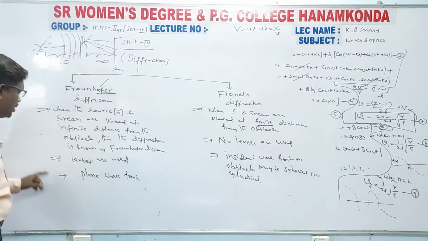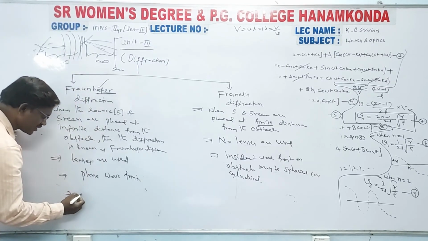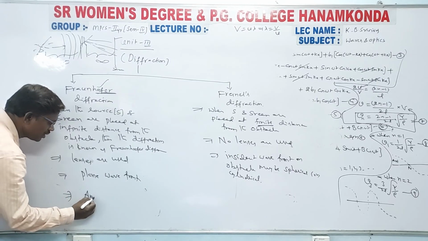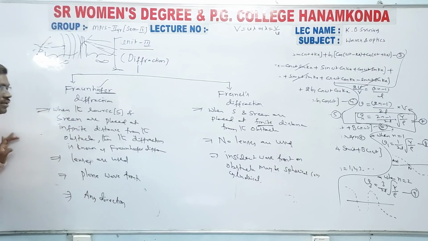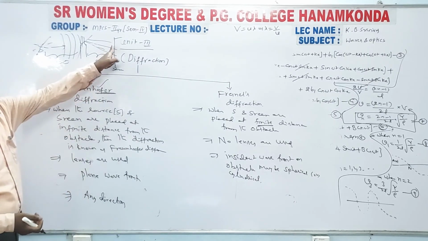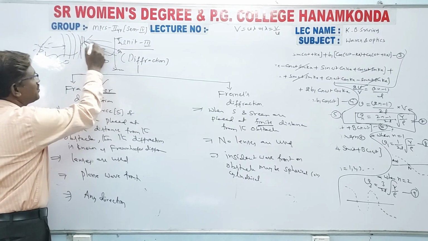And one more thing, this diffraction can be viewed in any direction. You can observe Fraunhofer diffraction by viewing through any direction. If you place it here, you can observe this diffraction.